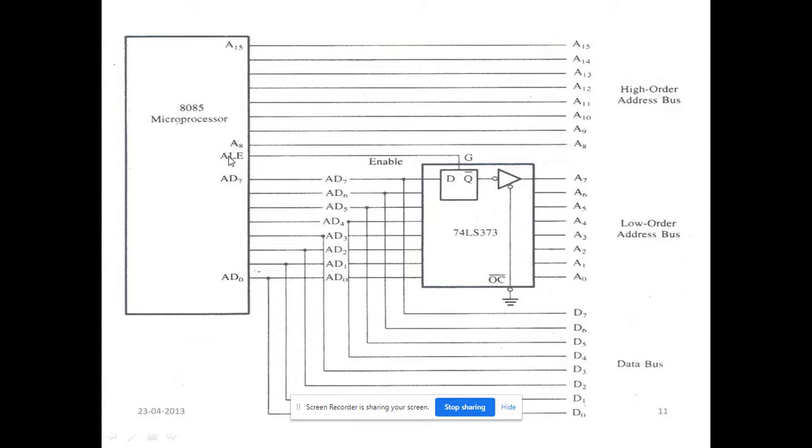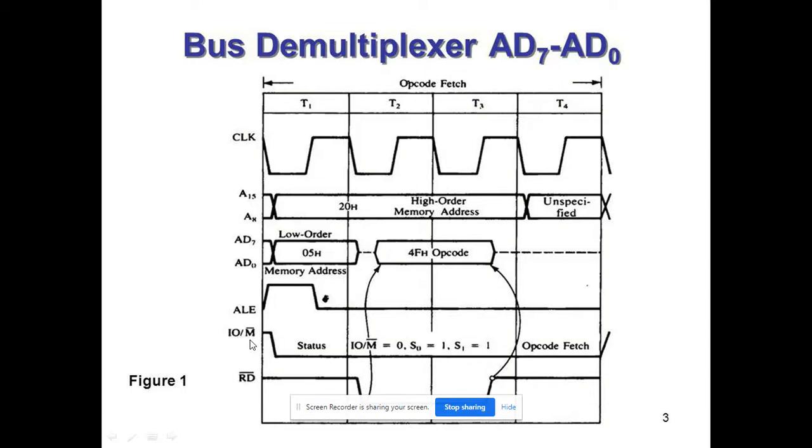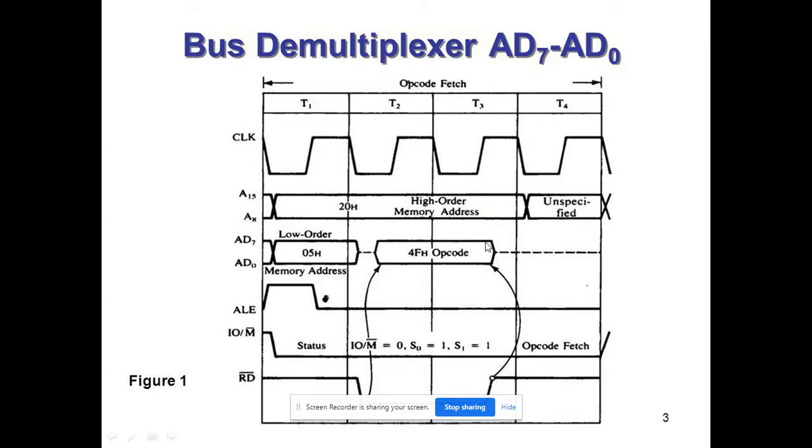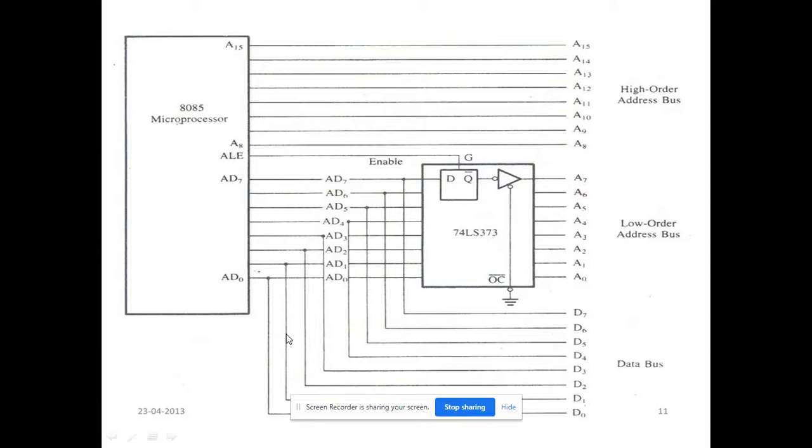When the ALE signal goes low, this latch, the 74LS373, is disabled.